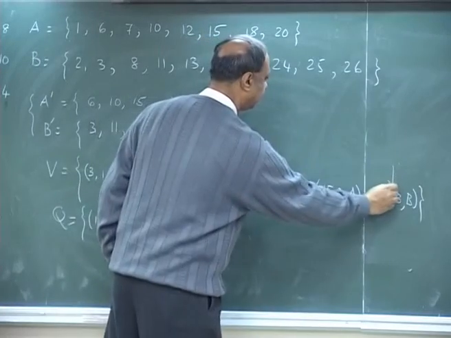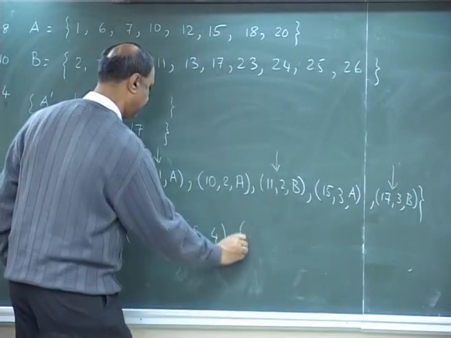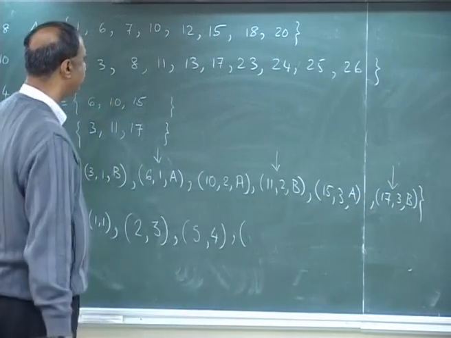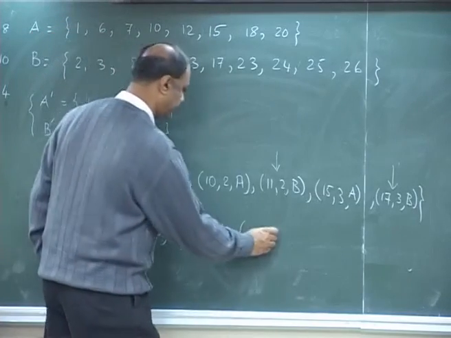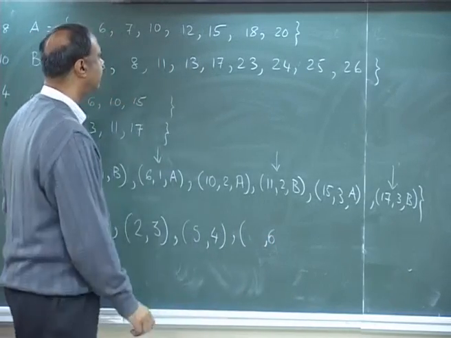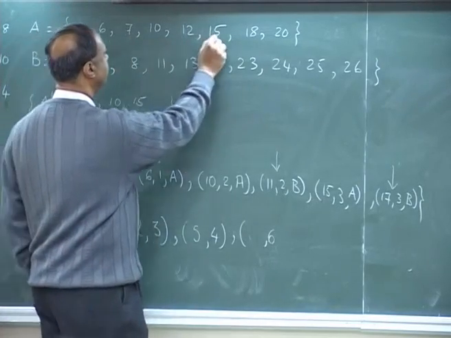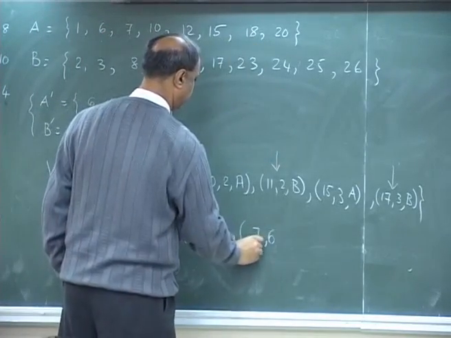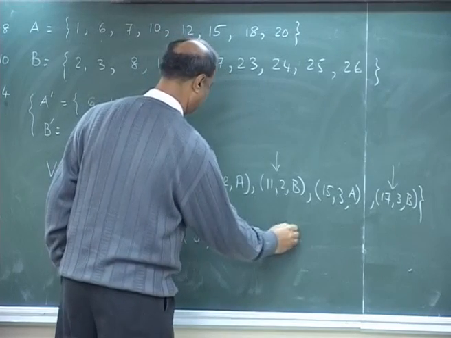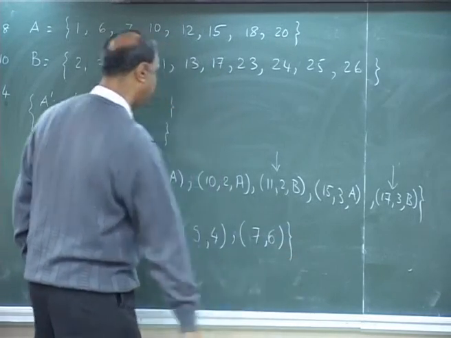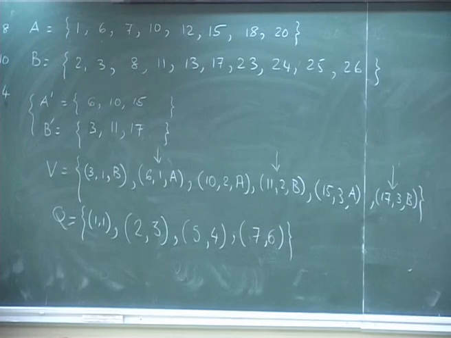And simultaneously in sequence B, it is 6 and 17, 1, 2, 3, 4, 5, 6, 7. This is your Q sequence.